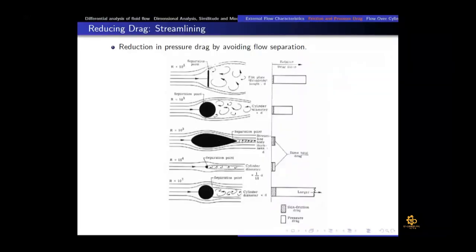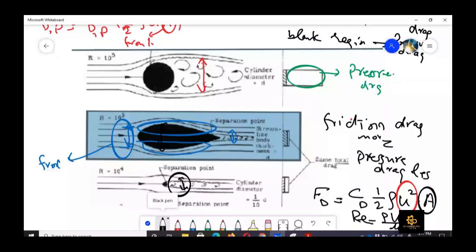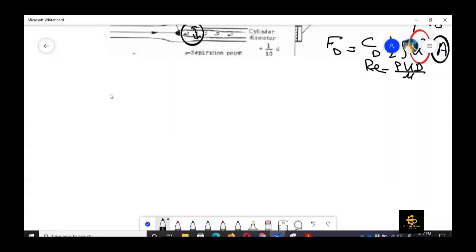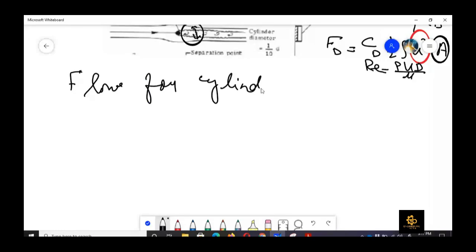So after that, now we are going to apply this knowledge to the flow over cylinder and sphere for different Reynolds number. Right.